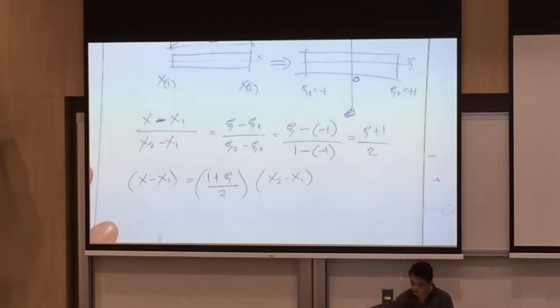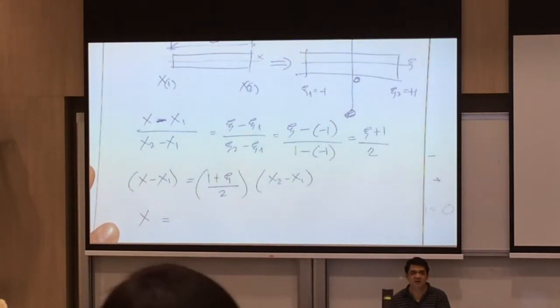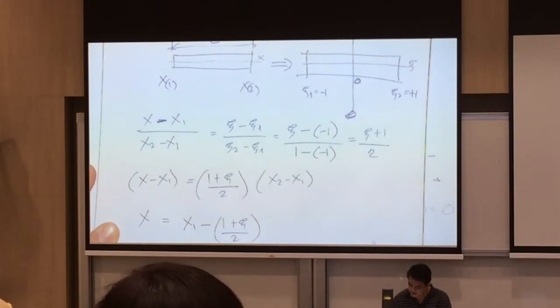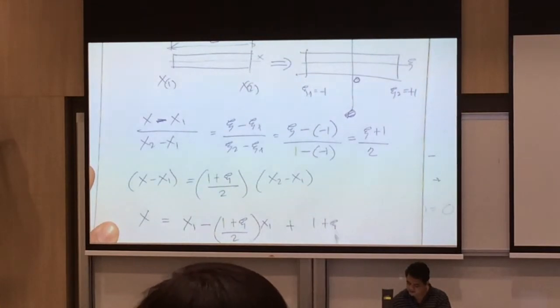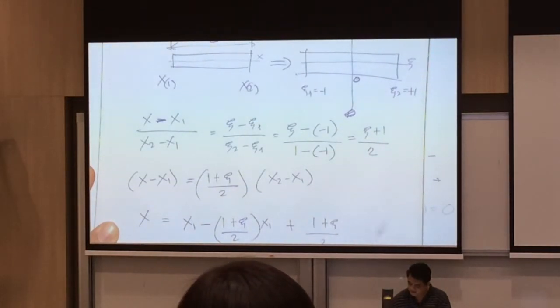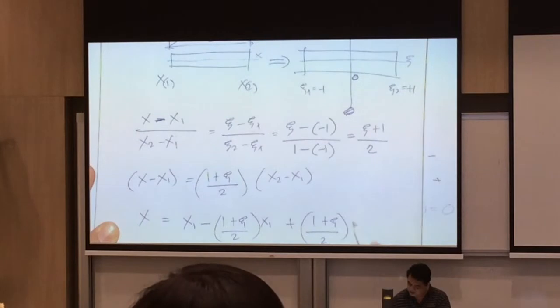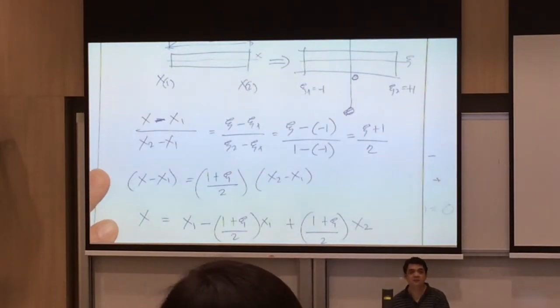And since we're interested in x, being the unknown parameter, we can simplify this to x equal to x1 minus 1 plus c over 2 times x1, plus 1 plus c over 2 multiplied by x2.